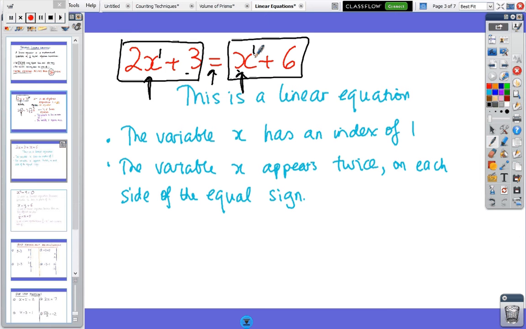You can't have more than one equal sign, but I could have x plus 3 plus x plus 5 equals x plus 10. So I could have the variable x appearing 3 times and it's still a linear equation. You just have to have an equal sign in between two expressions. So copy that down and when you're ready, come across.